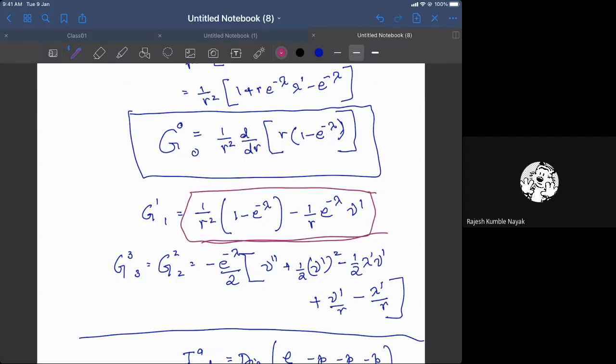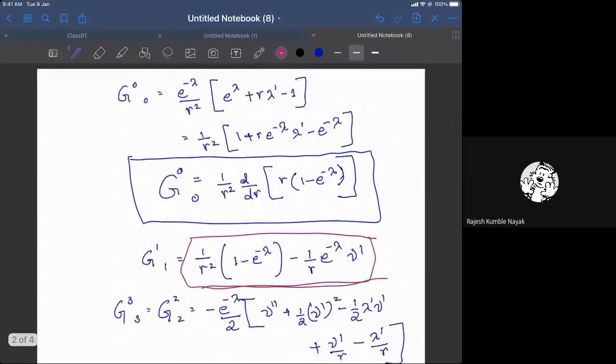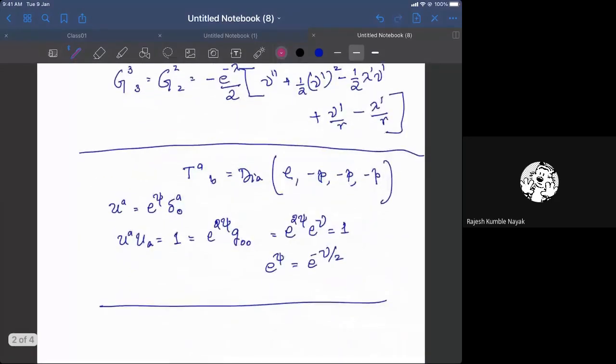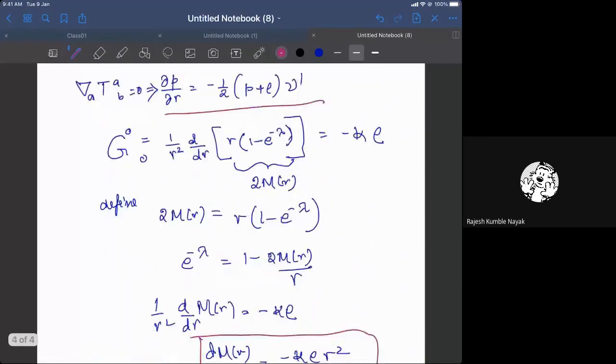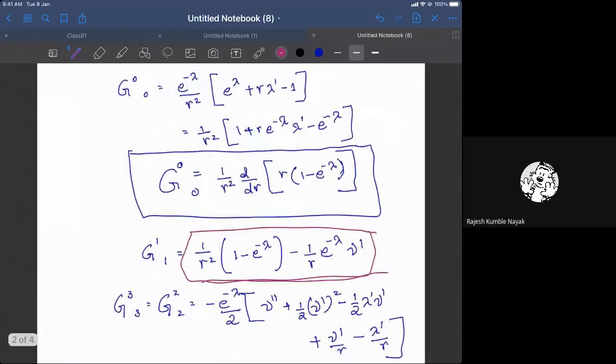So what you basically do is that from the divergence of this thing being 0, you find a nu prime there. Okay, here there is a nu prime. This nu prime you substitute in this equation here, and then you would get the second of the Einstein's equations. Let us take it back there.